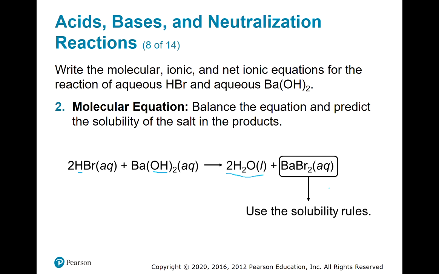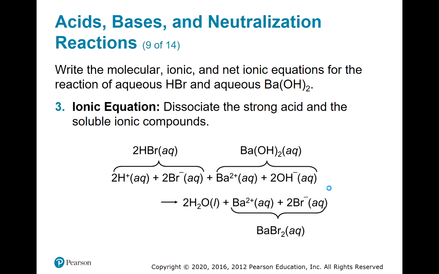Now that we have our balanced equation here, and we've assigned all the states correctly, we can use that information to turn this into a total ionic equation where we dissociate all of the strong electrolytes and leave anything else undissociated, and then we can cancel our spectator ions.